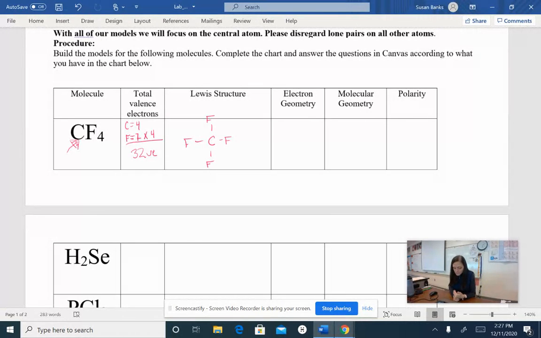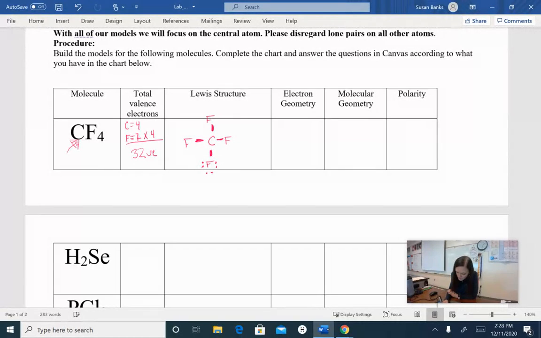So carbon already has 8 valence electrons, right? Because each of these bonds is 2 shared electrons. So 2, 4, 6, 8 gives me 8 electrons already. So carbon's already done. Fluorine has 2 electrons because it's sharing, so it needs 6 more to have its octet.